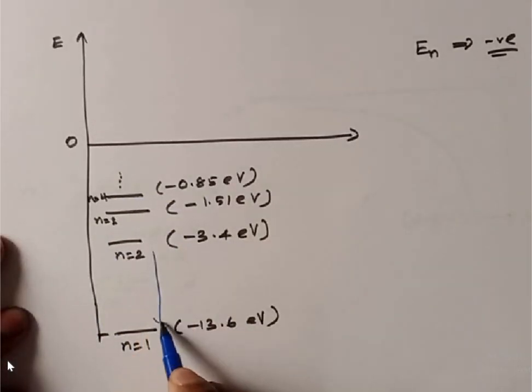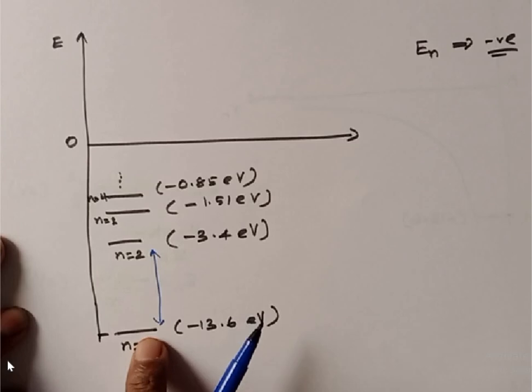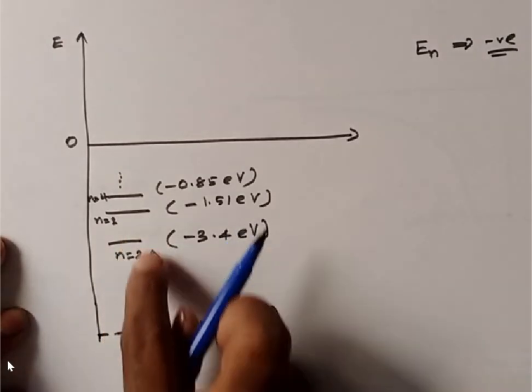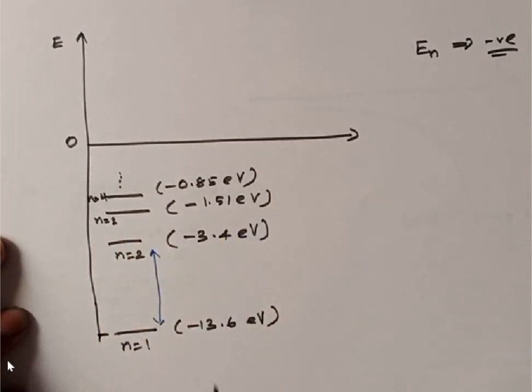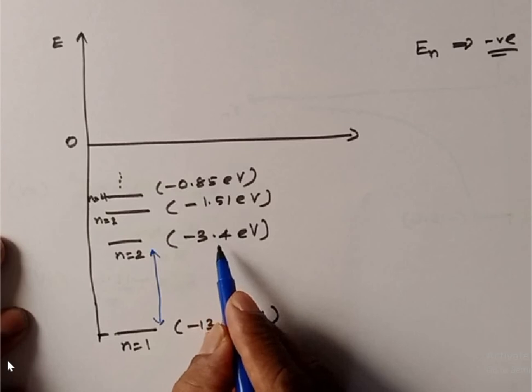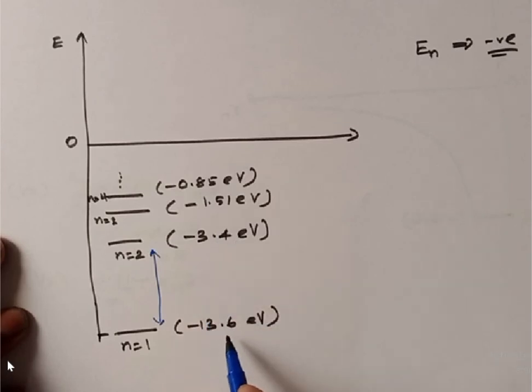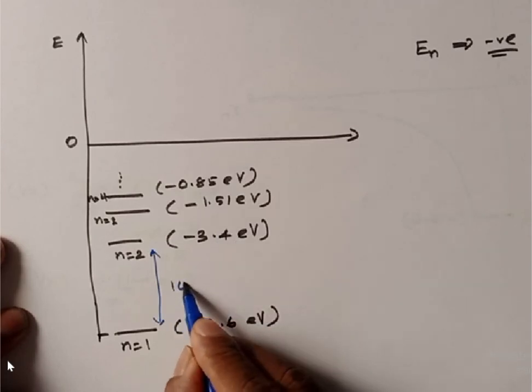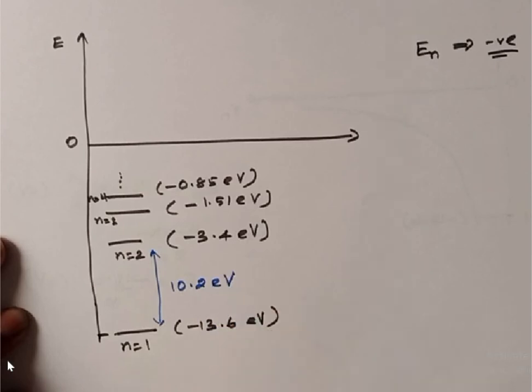Now, what is the gap between the first level, the ground state, and the second orbit? What is the energy gap? The energy gap is minus 3.4 minus of minus 13.6. You will get 10.2 electron volt.